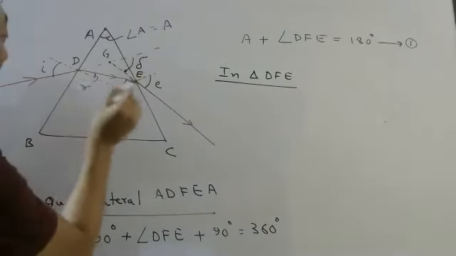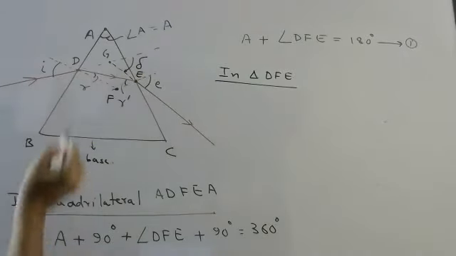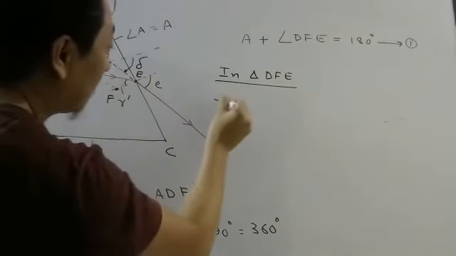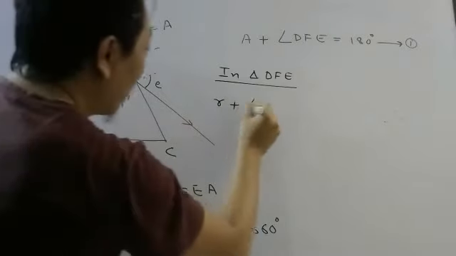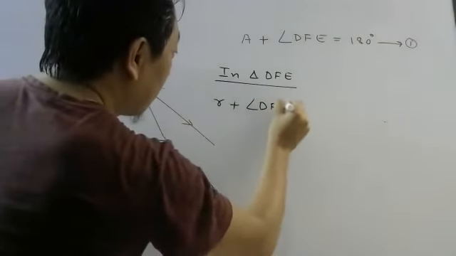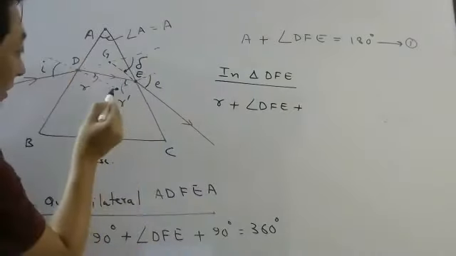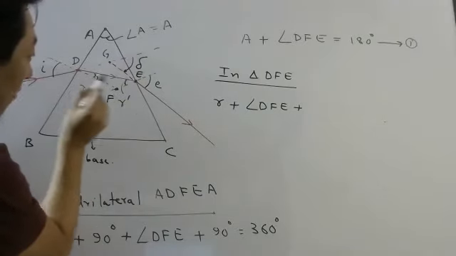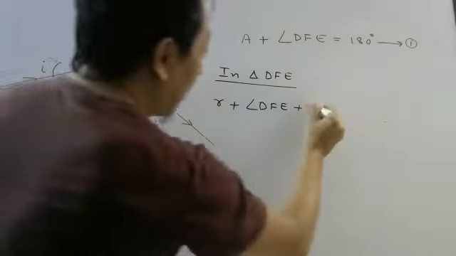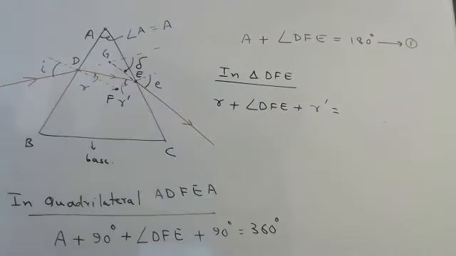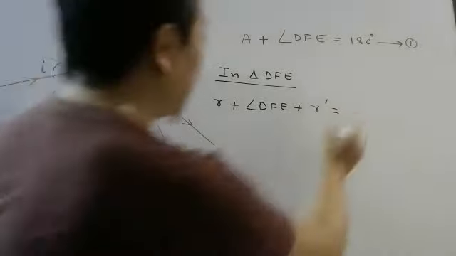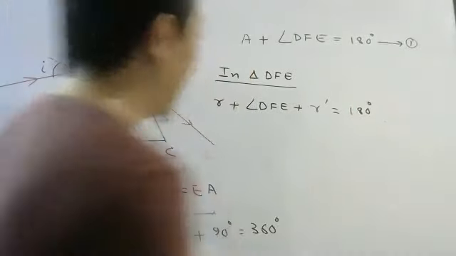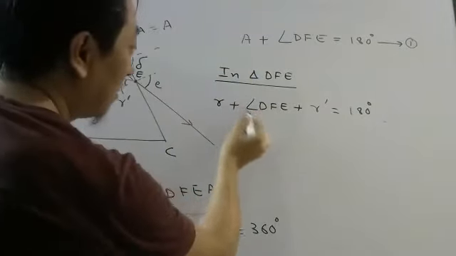In this triangle, the interior angles are R, next angle DFE, then again next angle R dash. These are the three interior angles of this triangle, so the sum must be equal to 180.